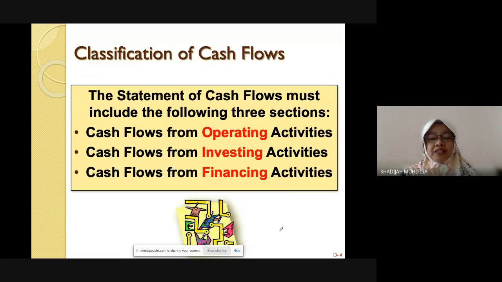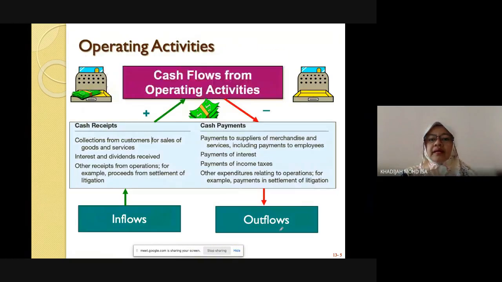So as I mentioned earlier, we divide the cash flows into three activities: operating, investing, and financing. So what are the operating activities? If you're talking about your business, the activity of the business is mainly operating activities. For example, a retailing business: the main activity is buying and selling of products, or inventories.